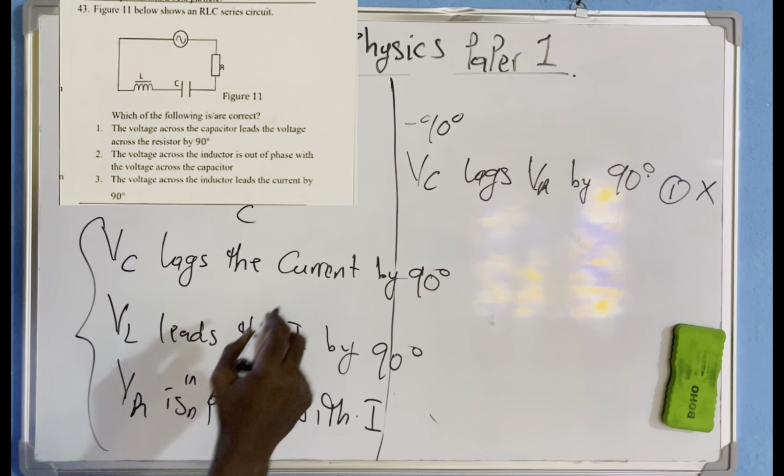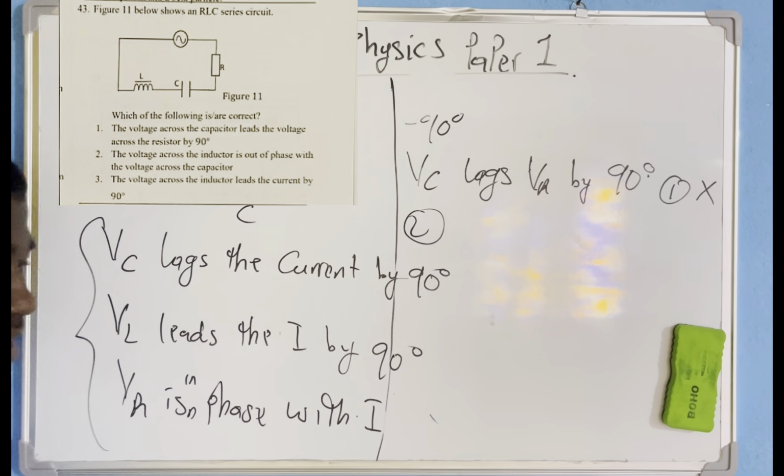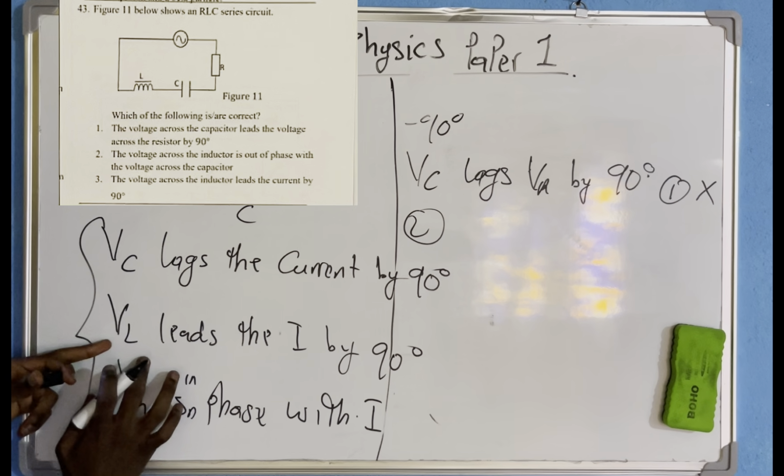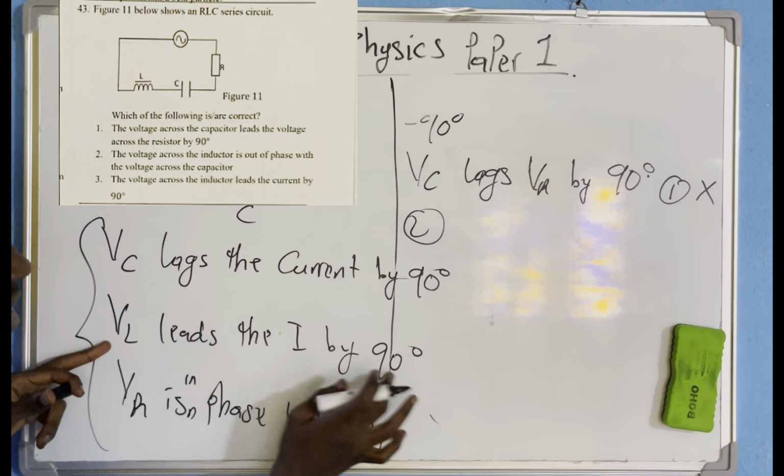Then statement 2: the voltage across the inductor is out of phase with the voltage across the capacitor. Let us see. The voltage across the inductor leads the current by 90 degrees.